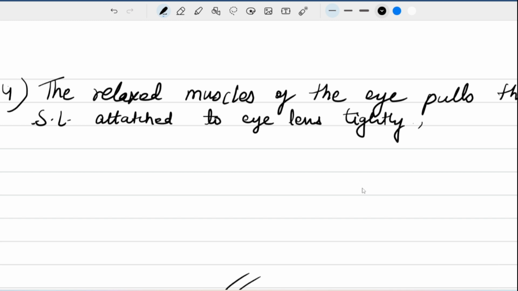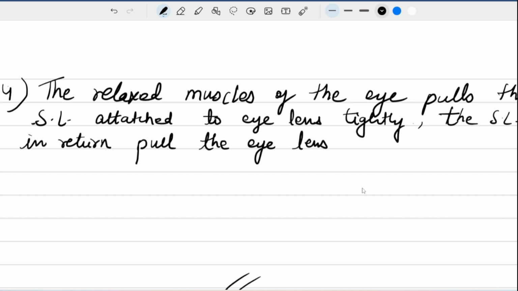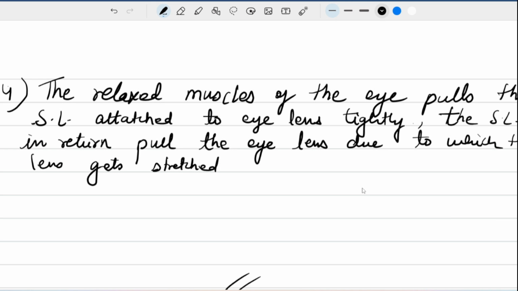Then the suspensory ligaments in return pull the eye lens, due to which the eye lens gets stretched and becomes thin.